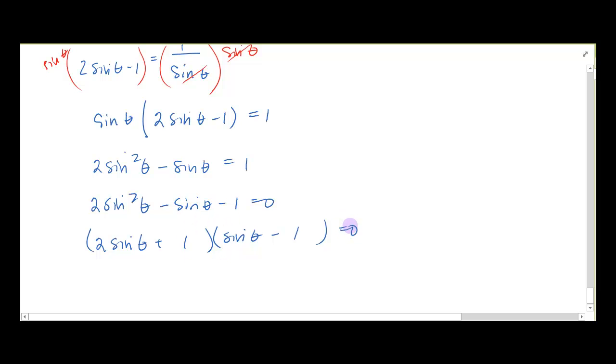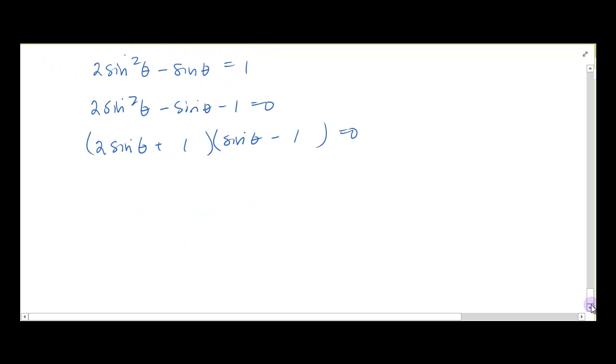So just by chance, I did it right the first time. Now that I have these factors set equal to 0, I can set each of those to 0 and solve. So I have 2 sine theta plus 1 equals 0, and sine theta minus 1 is equal to 0.